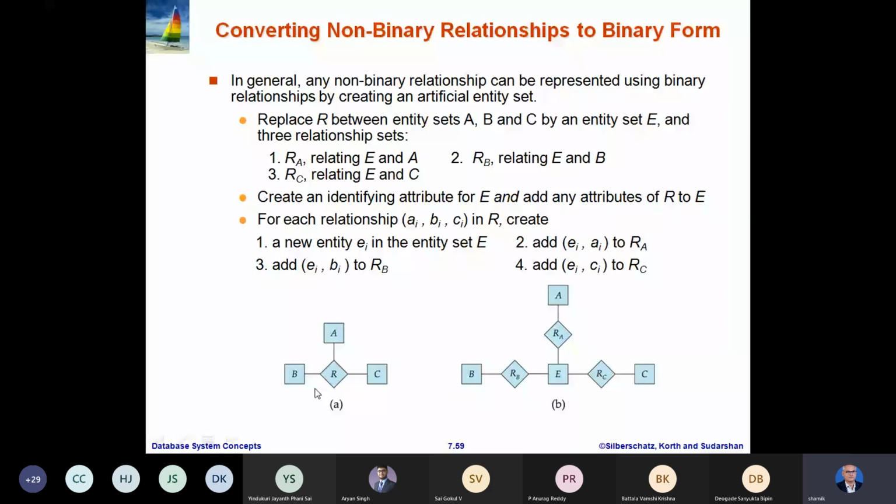Similarly, B's participation in this relationship, you replace with B's participation in a relationship RB with E, and likewise C's participation you replace with this RC with E. Okay, so replace R between entity sets A, B, and C by an entity set E.